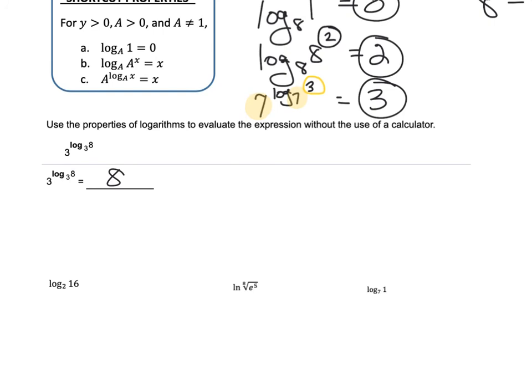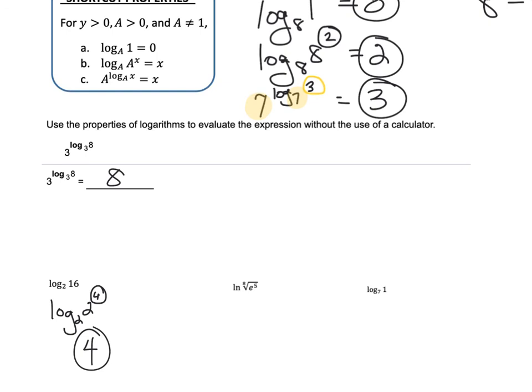Using this, you can rewrite. We know that 16 is 4 times 4, or 2 to the 4th. So I've rewritten 16 as 2 to the 4th. Because of these shortcut properties, since my bases are the same, I know that 4 is my answer. So log base 2 of 16 is 4.